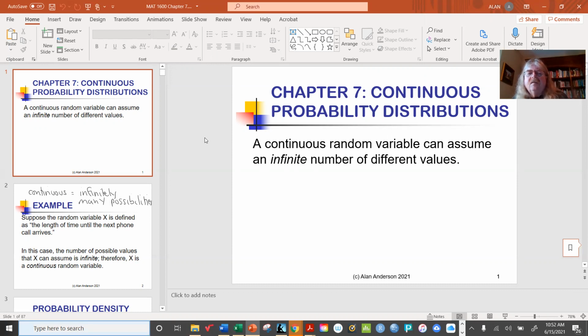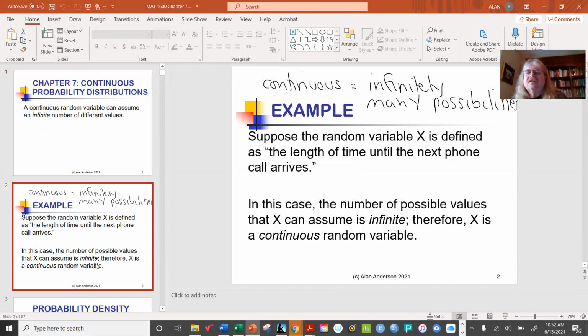All right, now, suppose, for example, X is defined as the length of time until the next phone call arrives. Because the length of time can have a fractional component, the number of possibilities is infinite. And therefore, X is a continuous random variable.